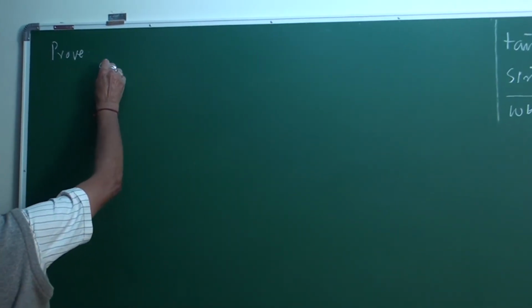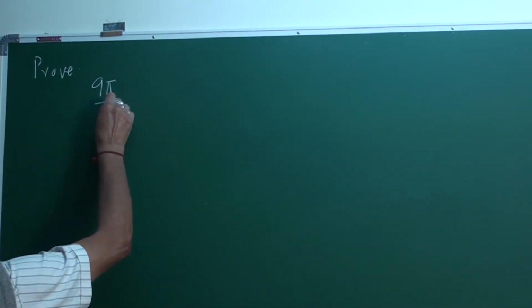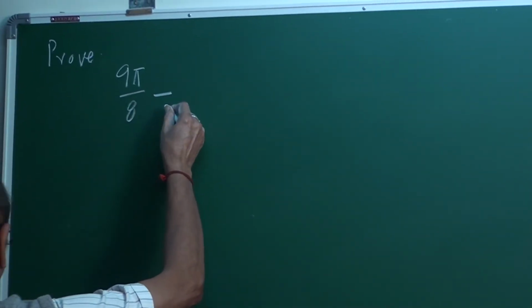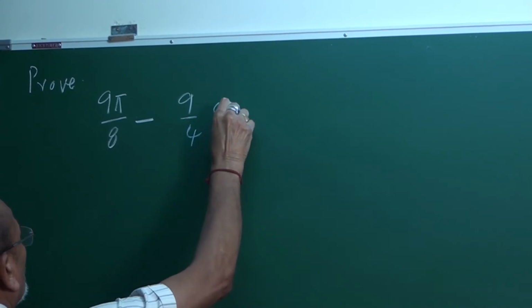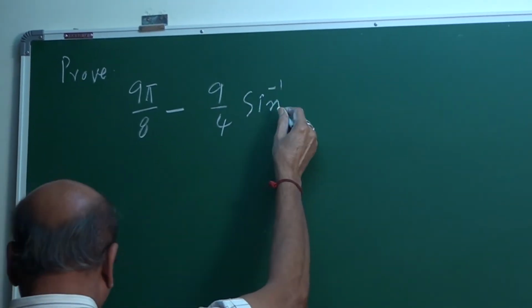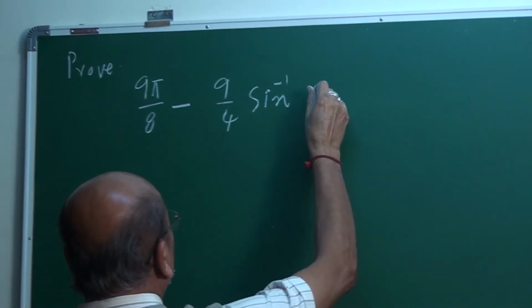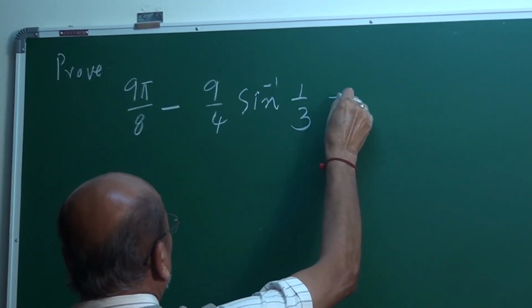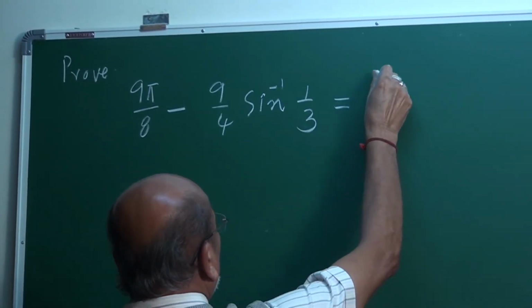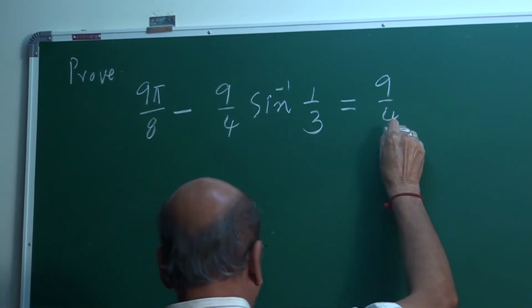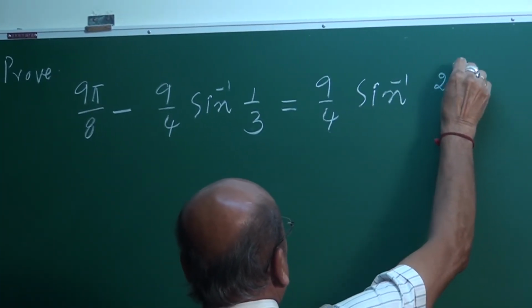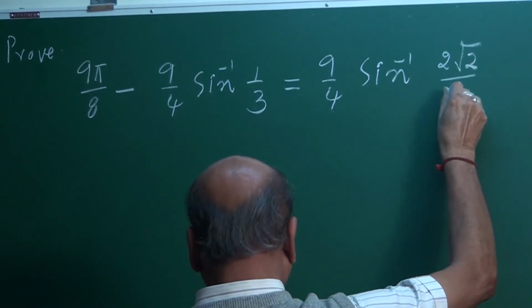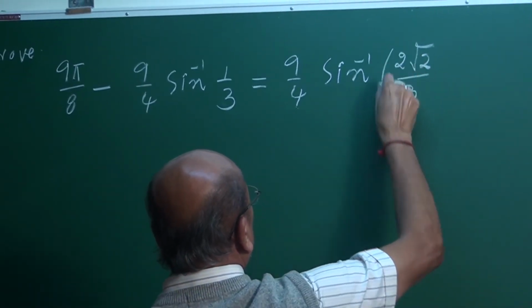9 pi by 8 minus 9 by 4 sin inverse 1 by 3 equal to 9 by 4 sin inverse 2 root 2 upon 3.